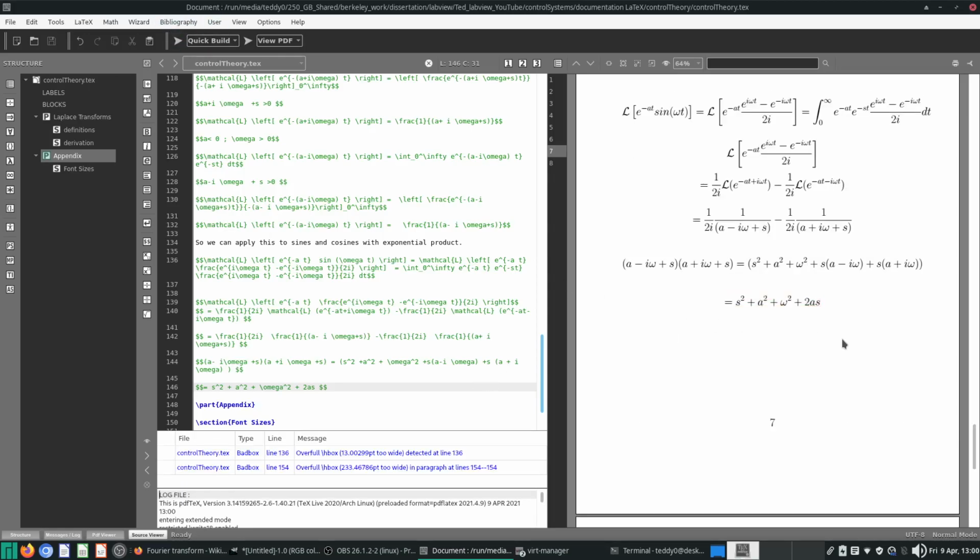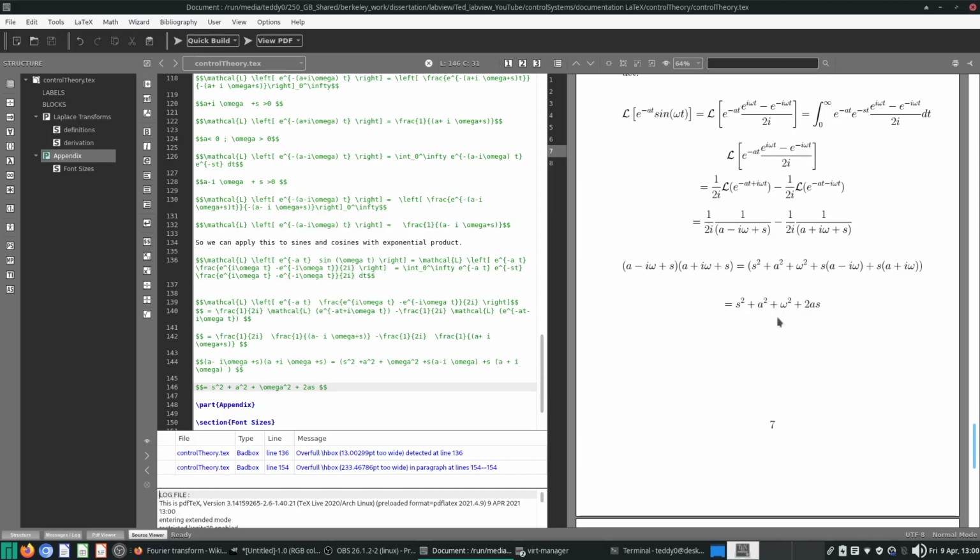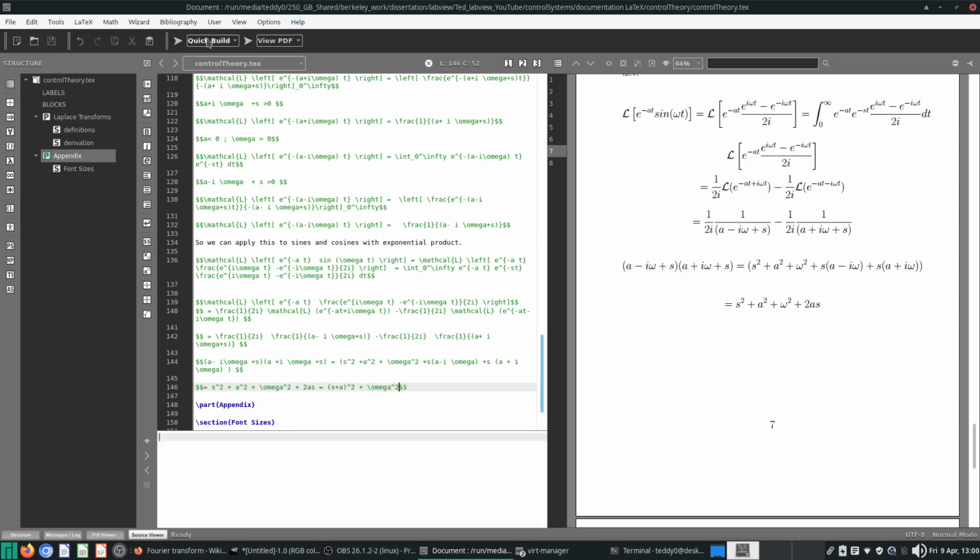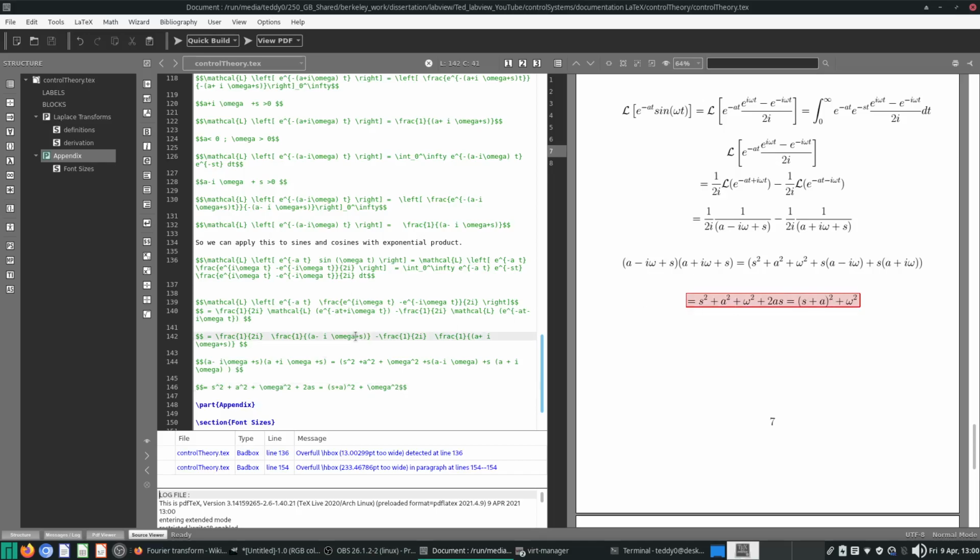Let me reiterate: the as terms will add up, and the minus I omega s and plus I omega s cancel out. So now we see s squared, 2as, a squared, and omega squared. This is a basic formula, which is s plus a, the whole thing squared, plus omega squared. This will become our denominator.